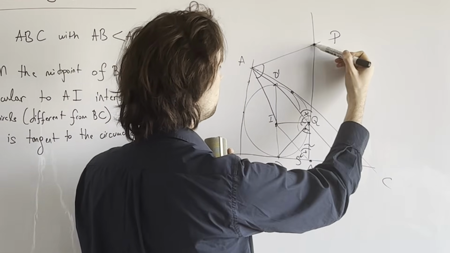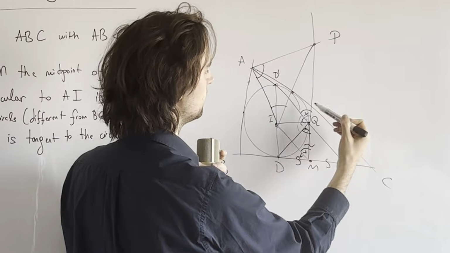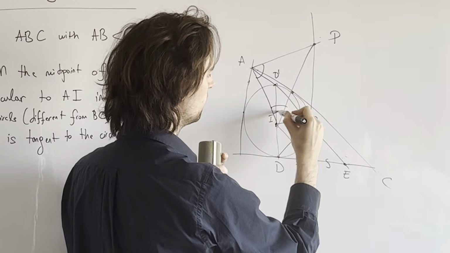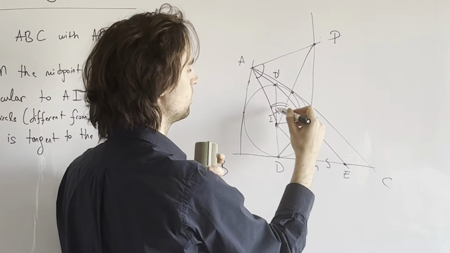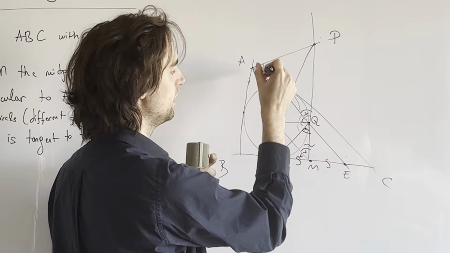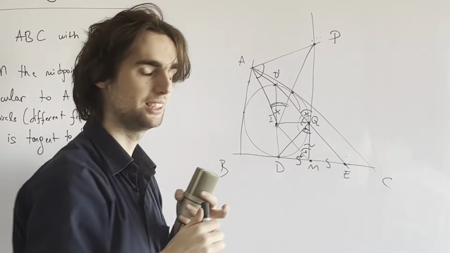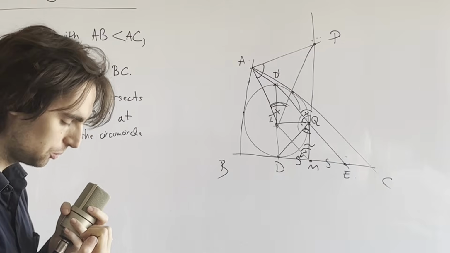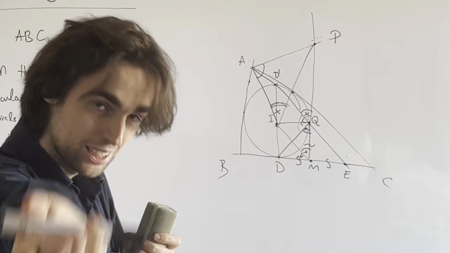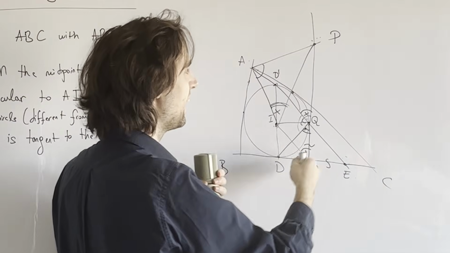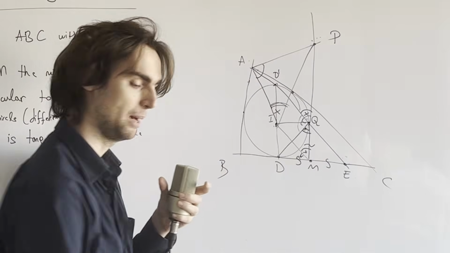And so the angle PIA is equal to PQA, because this is concyclic, so this is X. And then we get that AIP is PMI, is equal to the angle X, and so we've proved that AI is tangent to MIP.